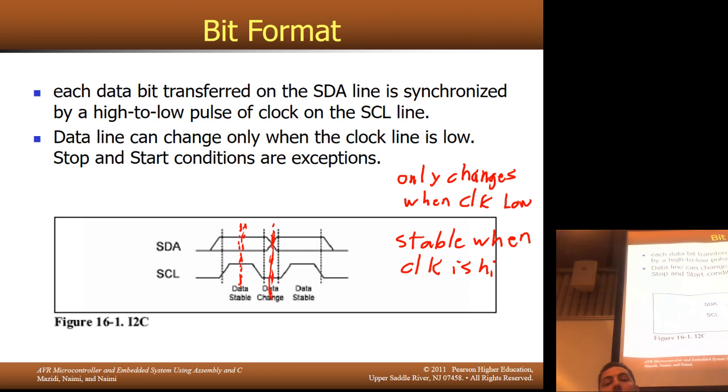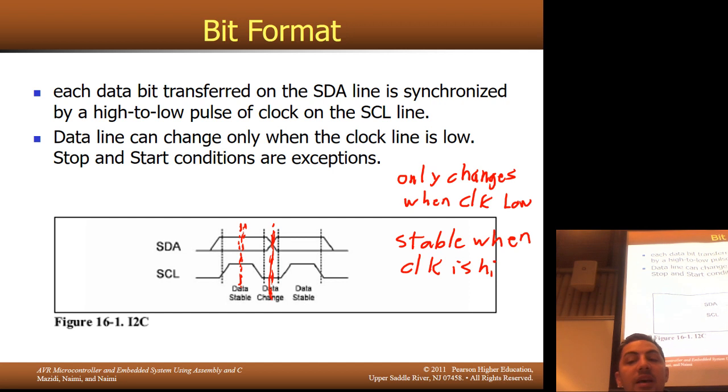And that's it. Okay? So you could think of it as you can read it on a rising edge or just after a rising edge, and you can change it when it's a falling edge. But really it is level sensitive. You read in the middle of this clock and you will see the data. You change it in the middle of the low part of the clock and you're good to go.